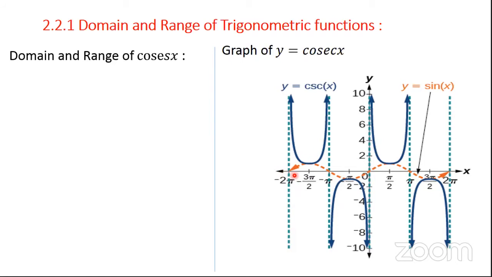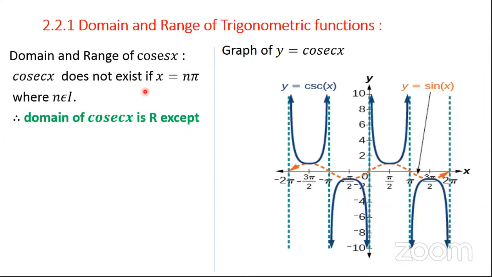From this, what we can say is cosec x does not exist if x is equal to n pi, where n belongs to the set of integers. That means minus pi, minus 2 pi, minus 3 pi on the negative side of the x-axis, or pi, 2 pi, 3 pi on the positive side of the x-axis, cosec x does not exist.